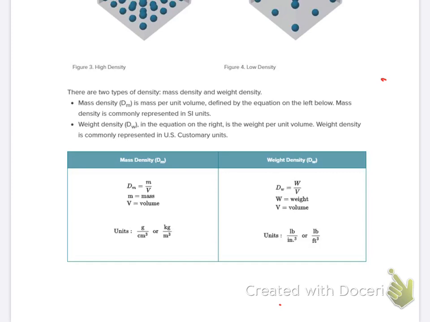I'm sorry, I spoke a little bit too quickly. I wanted to present these formulas to you so you have them all in one place. Okay, you have it on the table, but they also refer to it here. So this is that formula, and weight density is this formula. So notice, take careful note of what your units are. If you're in mass density, you can report in grams per centimeters cubed or kilograms per meters cubed.